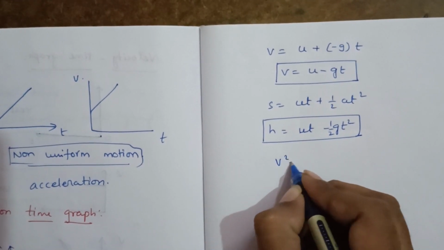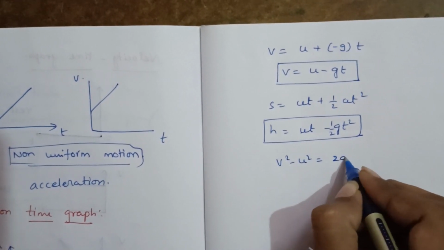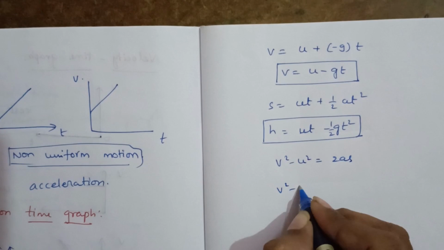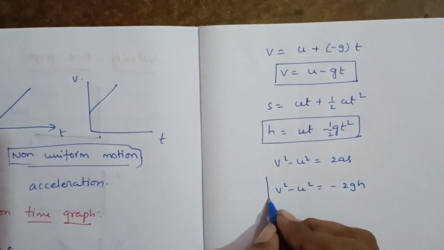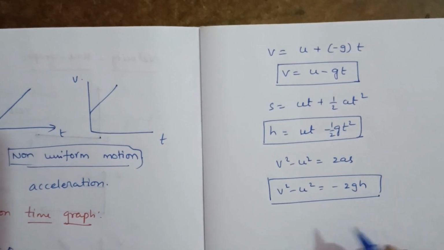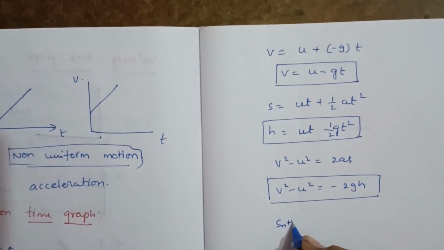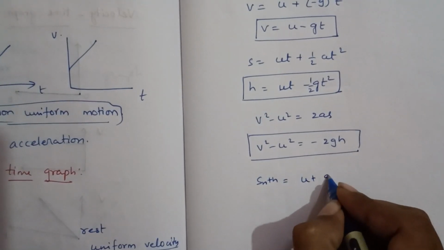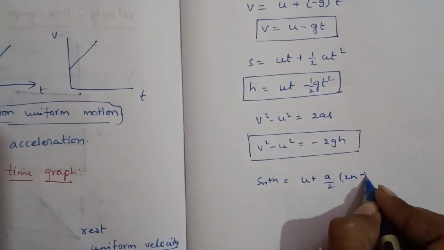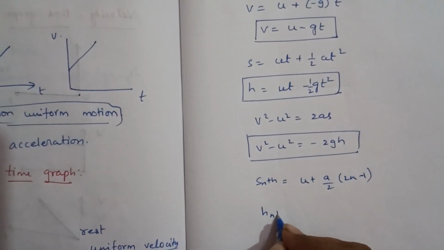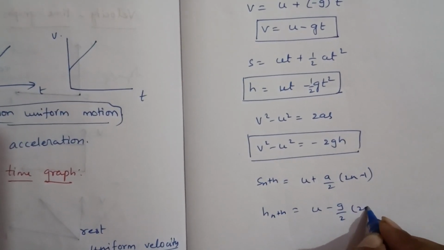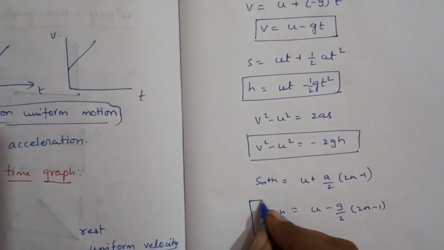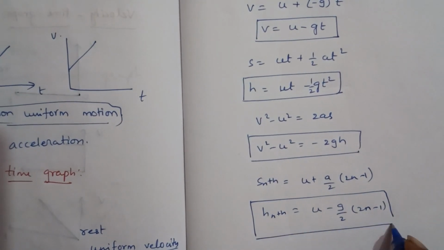Third equation, v square minus u square equal to 2as, can be written as v square minus u square equal to minus 2gh. And the fourth one, s nth equal to u plus a by 2 into 2n minus 1, can be written as h nth equal to u minus g by 2 into 2n minus 1. All a's are replaced with minus g.